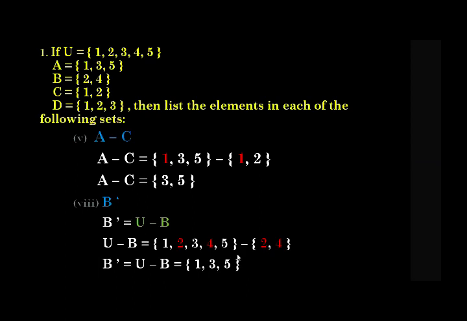In the property of difference, we will not write the common elements. We will write those elements which remain in the first set. And what are the remaining elements? 1, 3 and 5. So this is the answer of B complement, 1, 3 and 5.